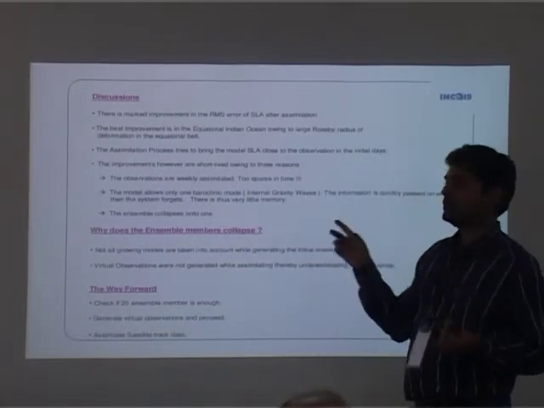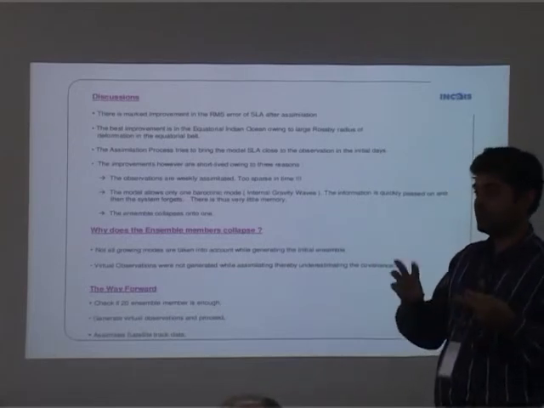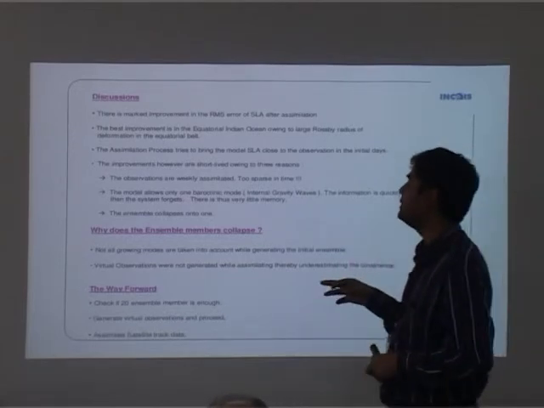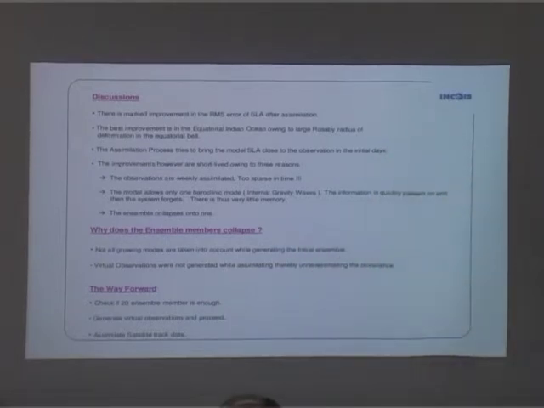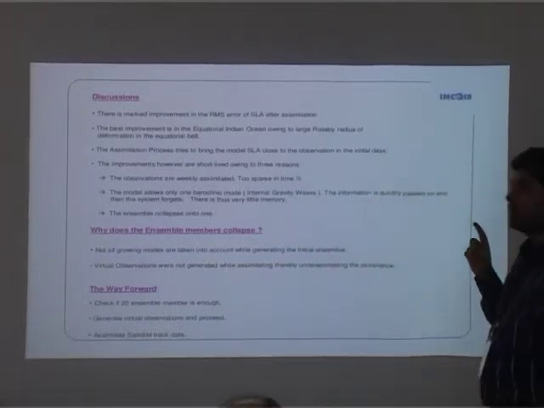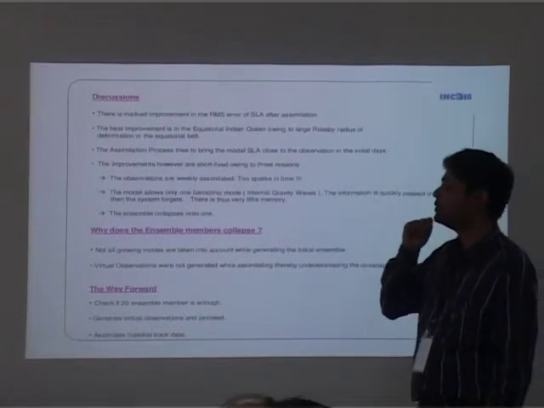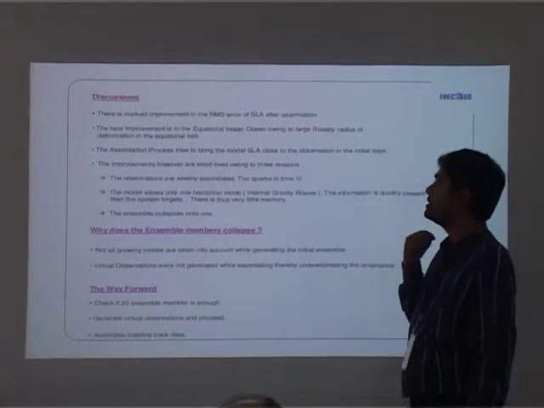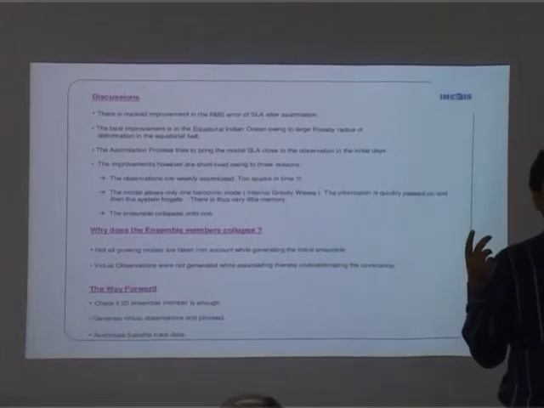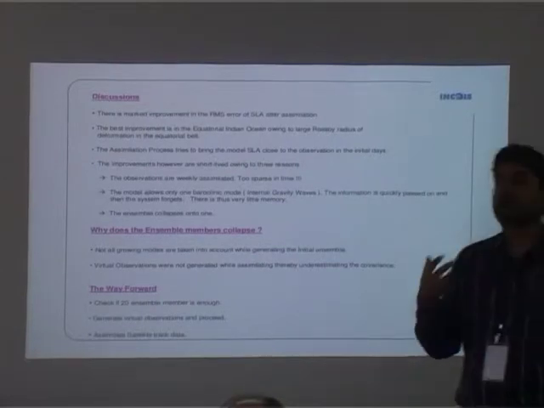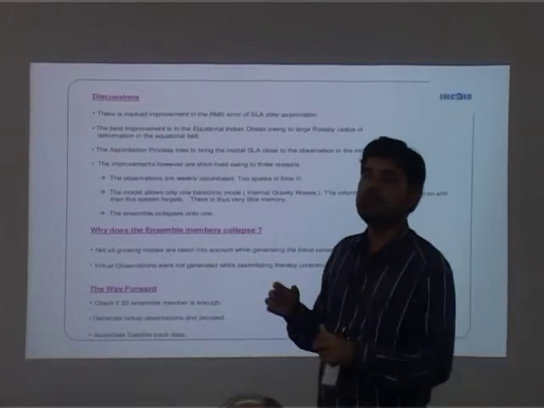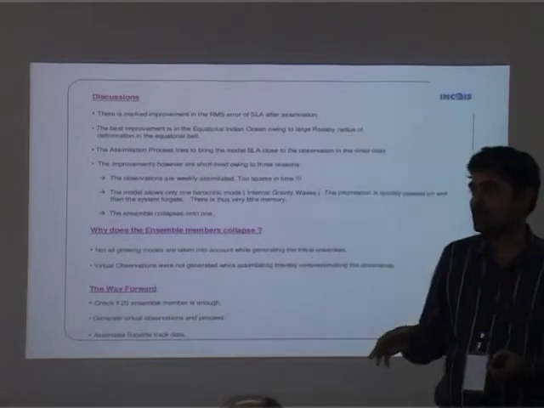The improvements are short-lived. So our analysis was about why it is short-lived. The observations are assimilated weekly, once in a week. We felt that is too sparse in time, because the model has only one or two baroclinic modes which are quite fast, unlike the real ocean which has a large memory.